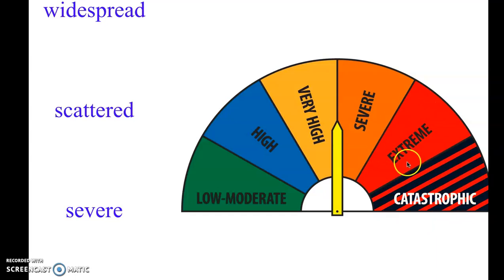Extreme is also very bad. So you can see severe here is on the bad side. Right? So if the forecast says severe thunderstorms, you should really be careful, right, about going outside and about what you might want to do, right? The wind or the rain or the lightning could be very bad at times. Okay, so severe.